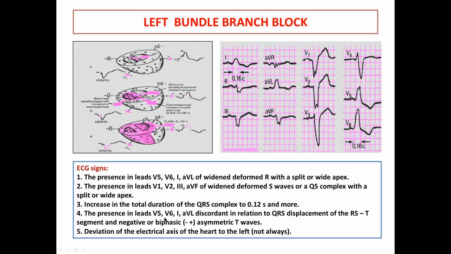And we have on ECG presence in lead V5, V6, widened deformed R with a split or wide apex, presence in lead V1, V2, third and aVF leads, widening deformed S-wave, a QS complex with a split or wide apex, increase in total duration of QRS complex to 0.12, the presence in lead V5, V6, first, aVL of discordant, in relation to QRS, displacement of ST segment, negative or biphasic asymmetrical T wave, and a deviation of the electrical axis of the heart to the left side sometimes.